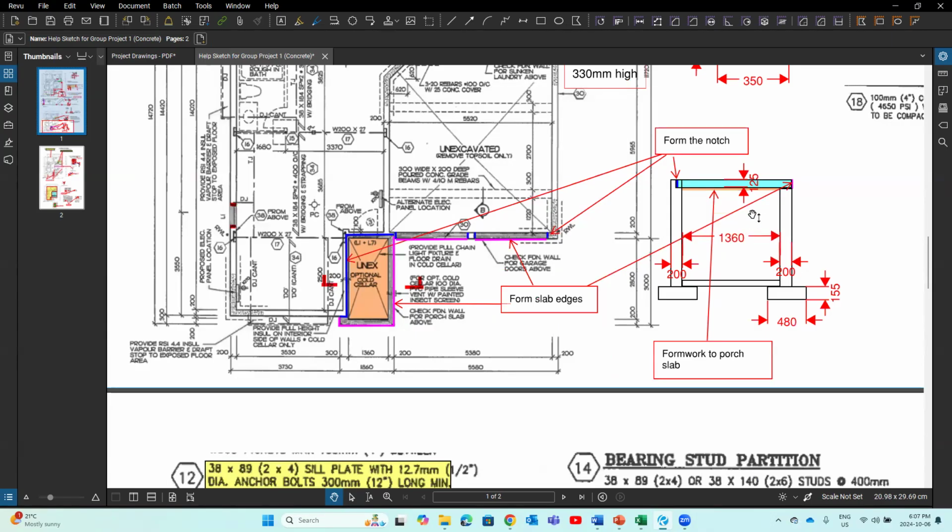I do have this, right? I said if we need to build this, there is a notch at the top, right? When we calculate the formwork for this part, foundation wall, we subtract here, right? But we also need to add one piece there to form that notch.